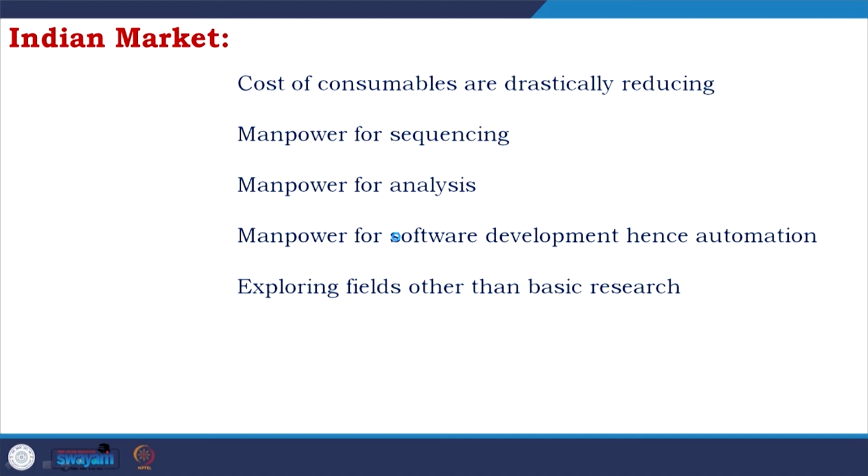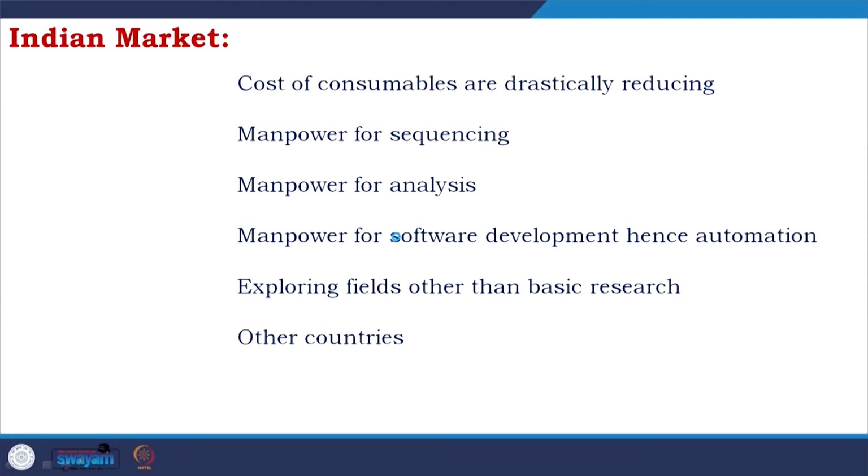Mostly sequencing was explored by people like us who do basic research, but gradually it is shifting towards other applications. As I told, doctors are regularly prescribing now, the price is coming into our control and all those issues are happening.